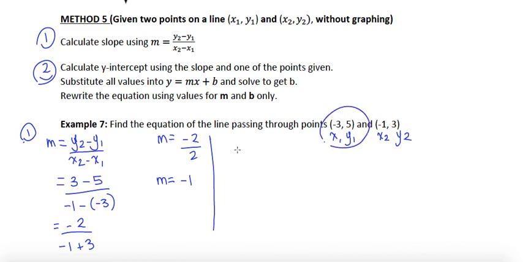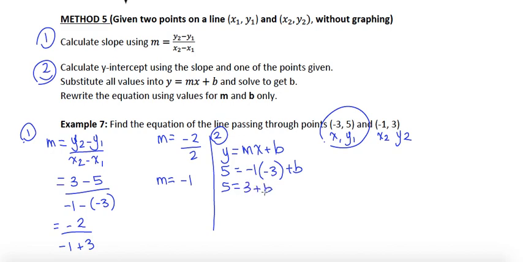Okay, so I have my equation, y equals mx plus b. My y is going to be 5. My slope is negative 1. My x is negative 3. And I'm solving for b. So this is part 2 of this question. So 5 equals negative 1 times negative 3, which is positive 3.